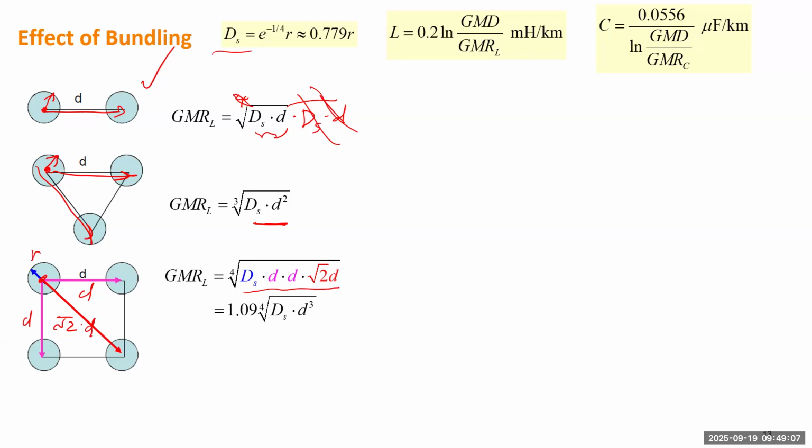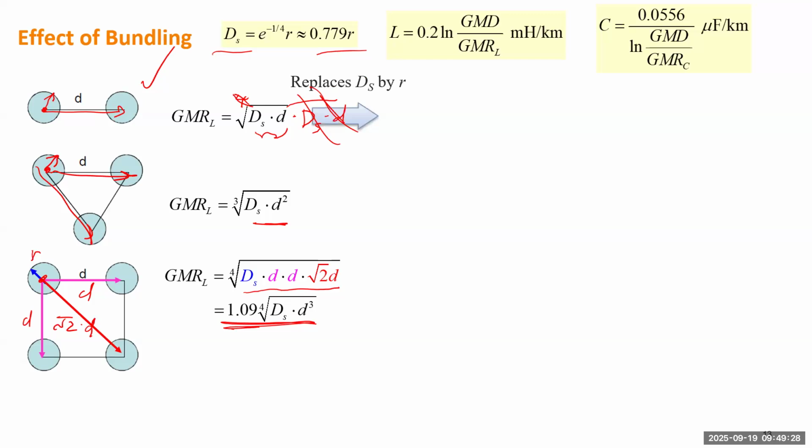Because ds is 0.779 times R, if you plug in that value, finally it will translate to a number, a factor of D.